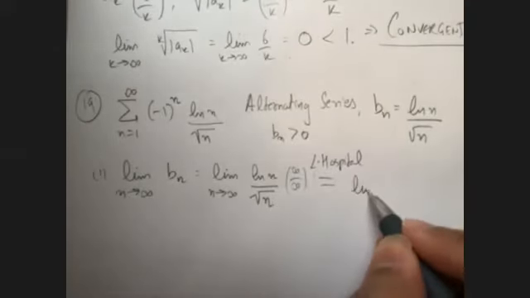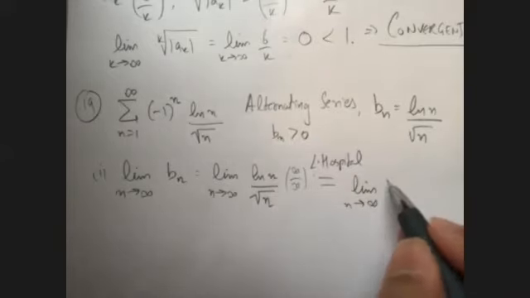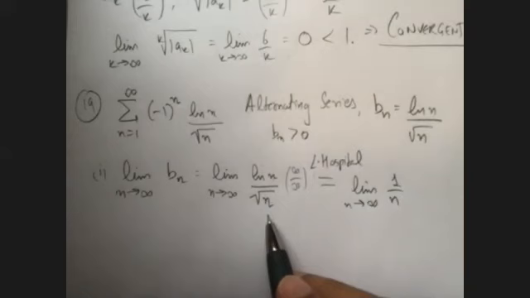And we get the derivative of ln n is 1 over n. The derivative of radical n is 1 over 2 radical n.